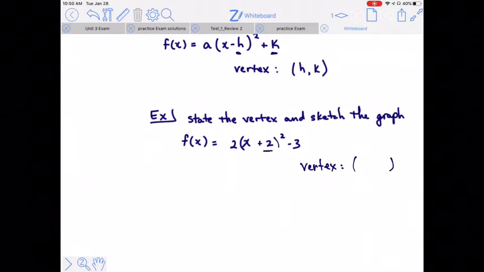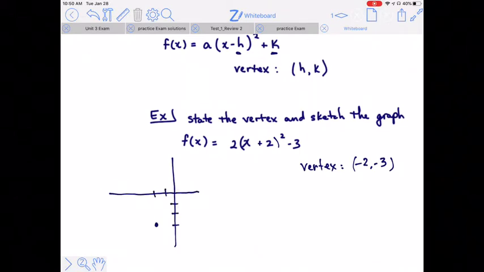Remember, the vertex is the opposite of this value, and the reason it's opposite, if you remember from the last chapter, section 2.6, transformations of functions, this transformation would cause the graph to move 2 units to the left, and then this transformation here makes the graph move 3 units down, so the location of the vertex is (-2, -3). Now, once we know the location of the vertex, we can start to graph.